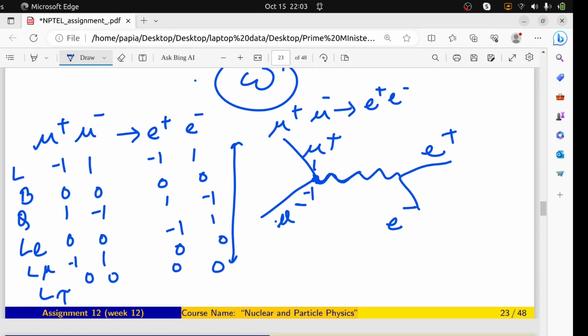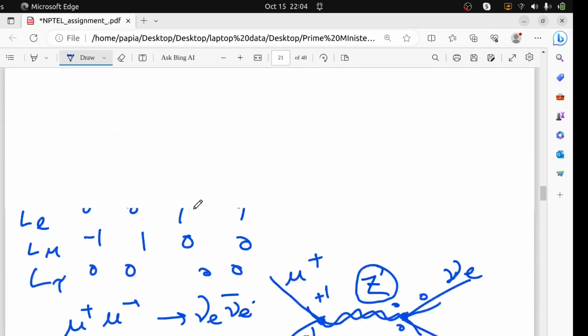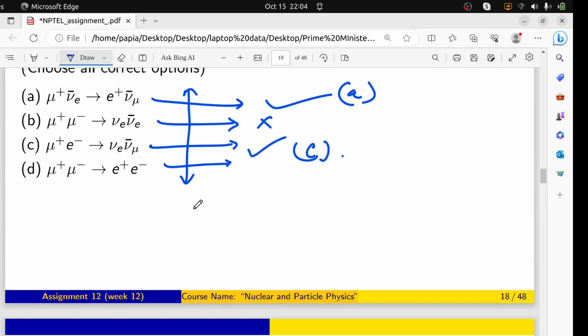So which one will be the mediator? It will be neutral, let's say Z. It can also be gamma, but in that question they are asking whether it is solely mediated by W or not. So it will not be solely mediated by W. The mediator will be Z or gamma. So the fourth option will also not be correct.